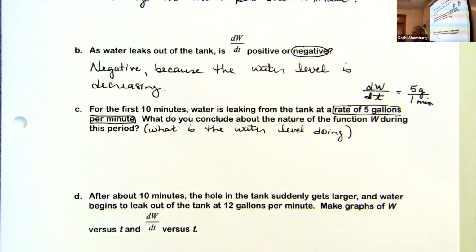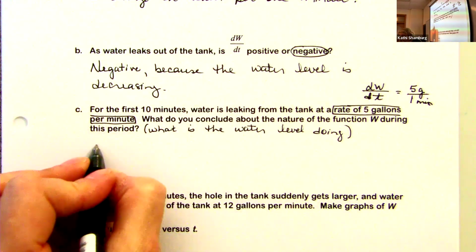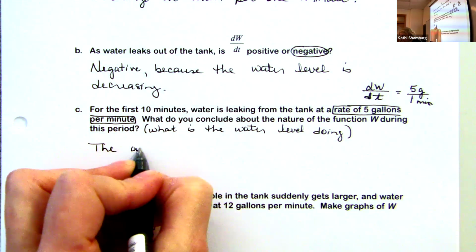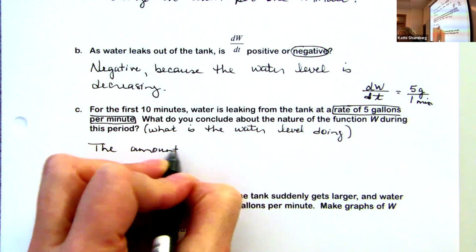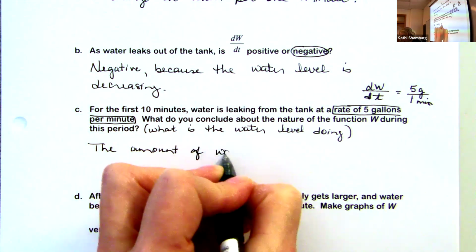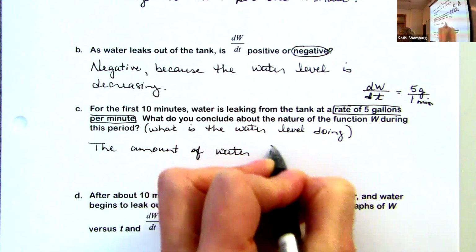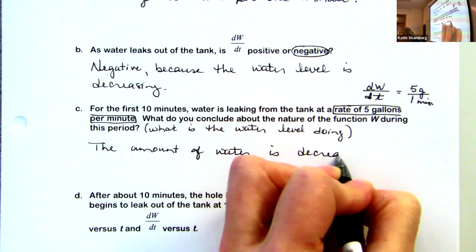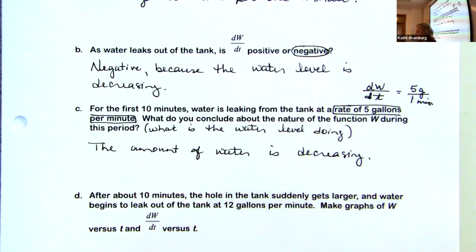Yes, because the amount of water is doing what? Decreasing. So it's very similar to B. But again, I can't really do anything with it numerically unless I had the actual function.